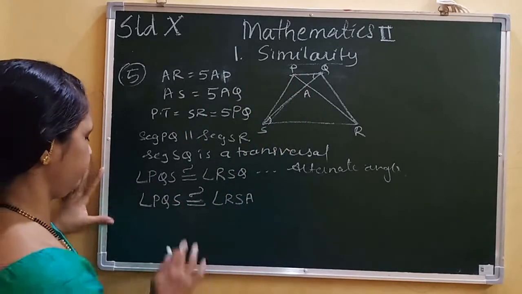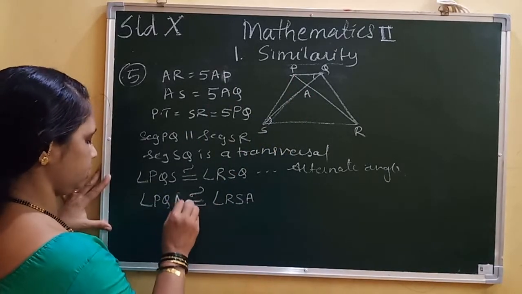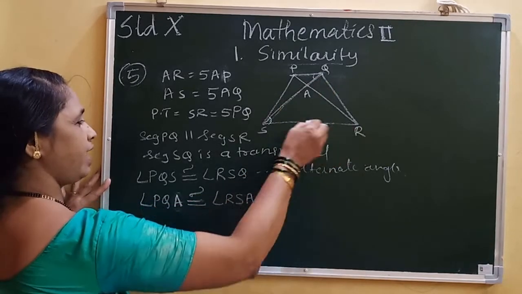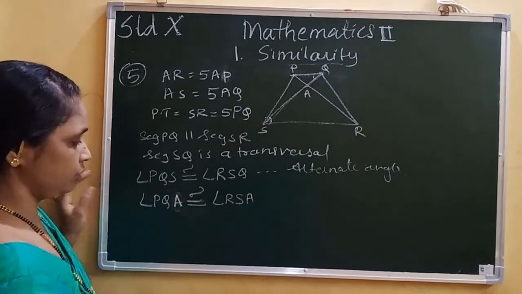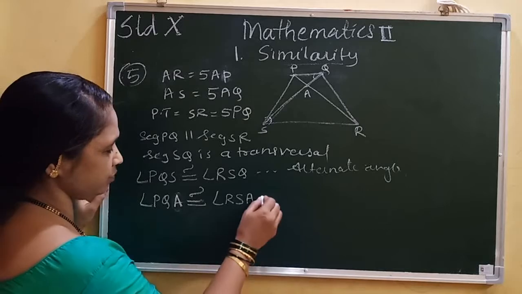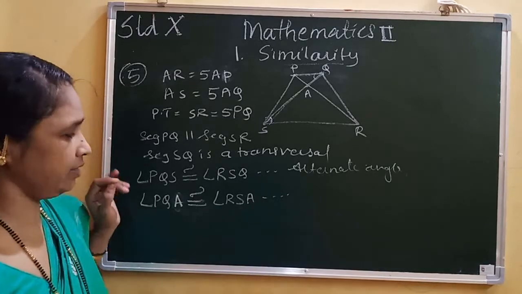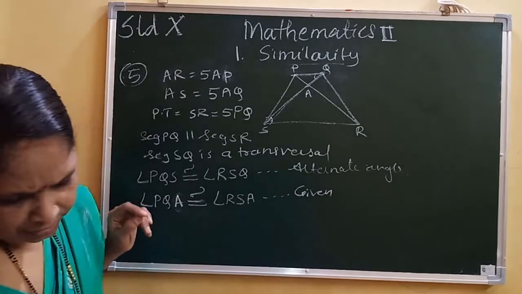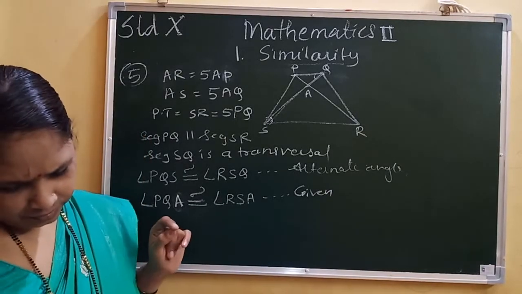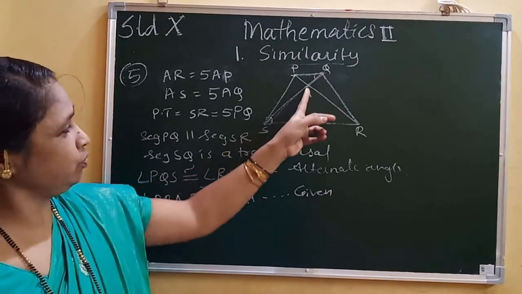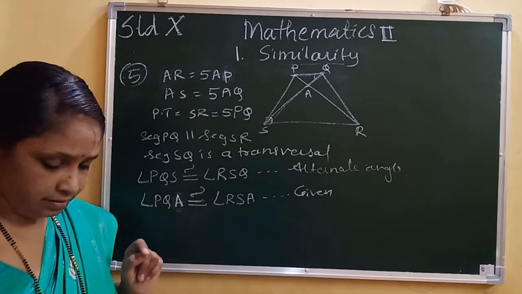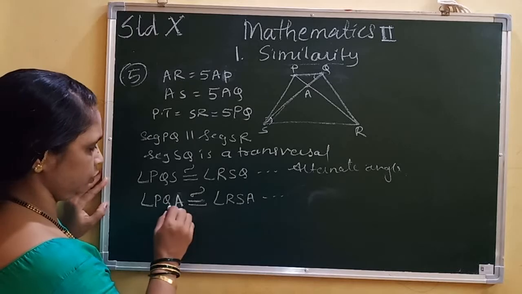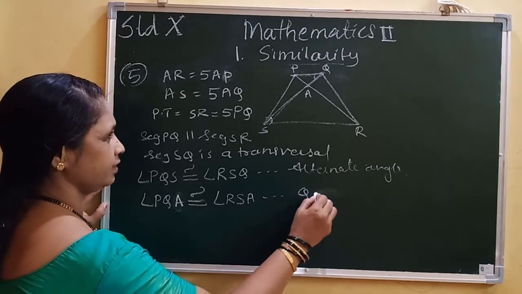This angle A contains A. This PQA and RSA, these angles are congruent. It is given in the figure. Or you can say that QAS are in one straight line.